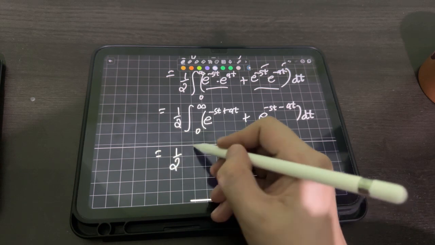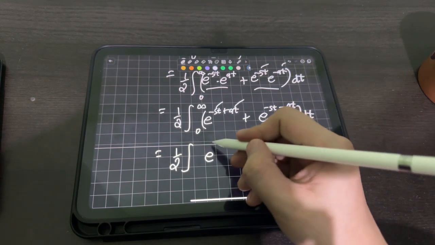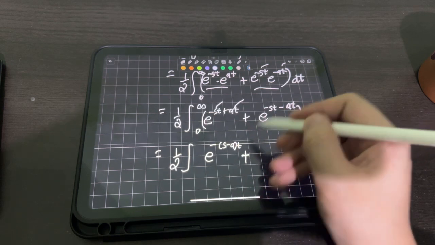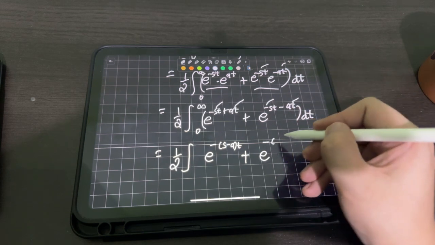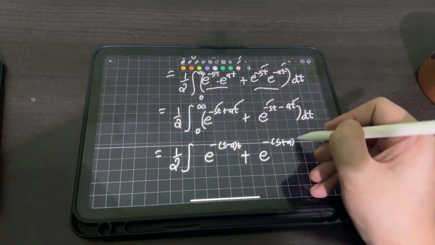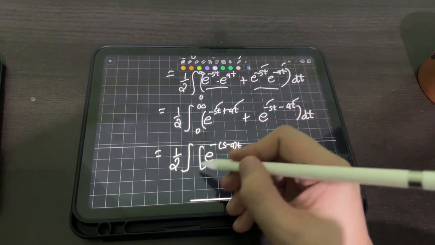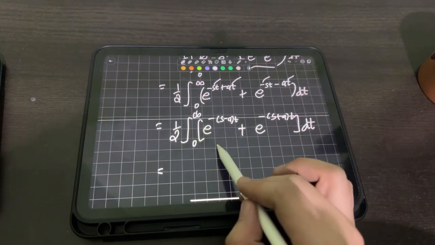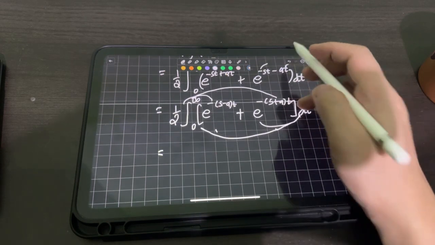So you have 1/2 integral of e. You factor out negative t here. It will be negative quantity s minus a, plus also factor out negative t here. It will be negative quantity s plus a, just like on the previous problem, quantity, dt from 0 to infinity. So since we have two terms in the integral, we can distribute this integral symbol together with the dt.